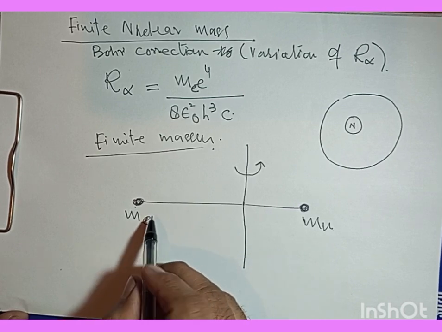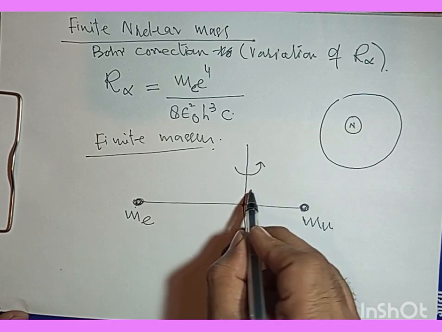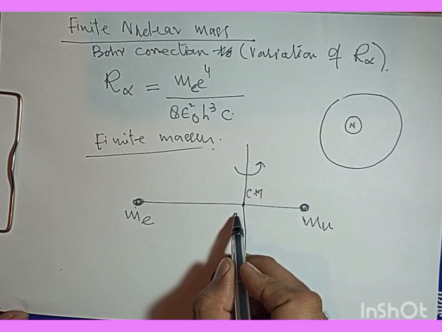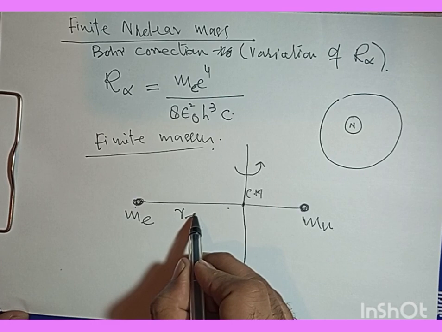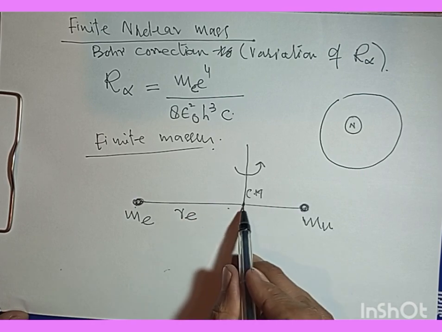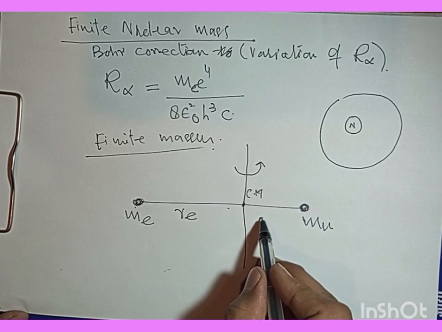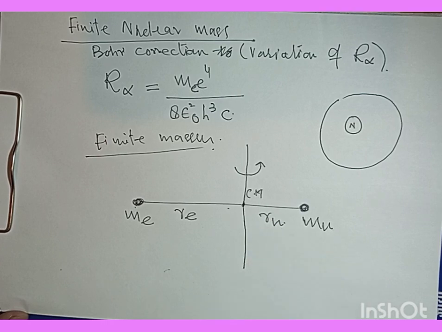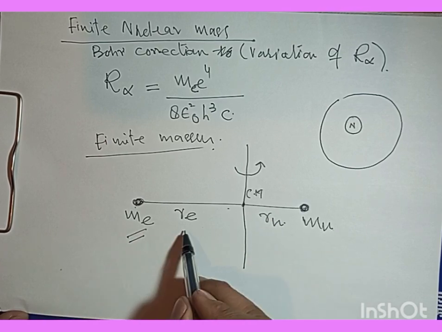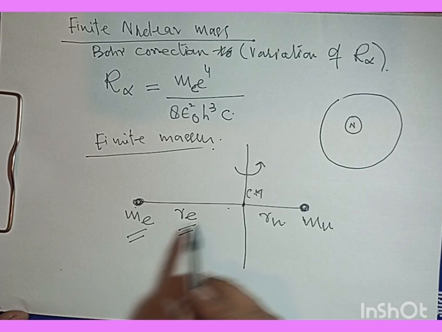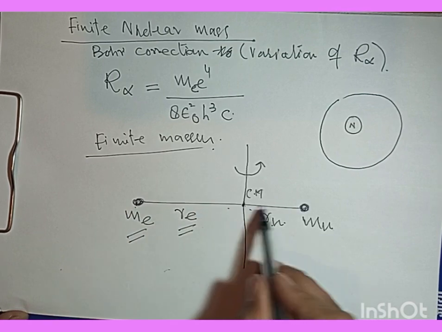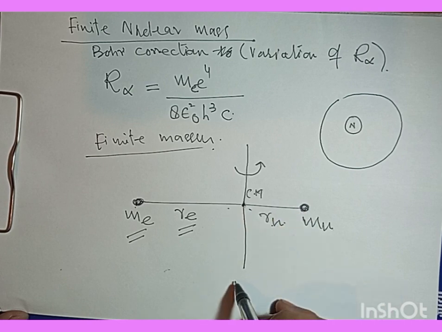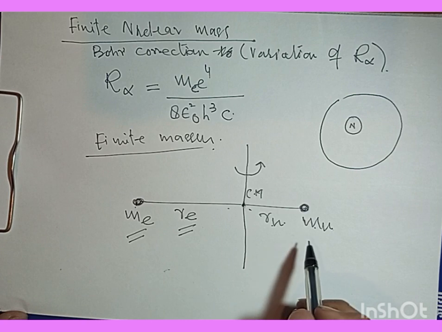Now, if I assume that the distance from this center of mass to the electron is, say, r_e, and the distance from center of mass to the nucleus is r_n. So m_e is the mass of electron, r_e is the separation from the center of mass to the electron, r_n is the separation from center of mass to the nucleus, and m_n is the mass of the nucleus.